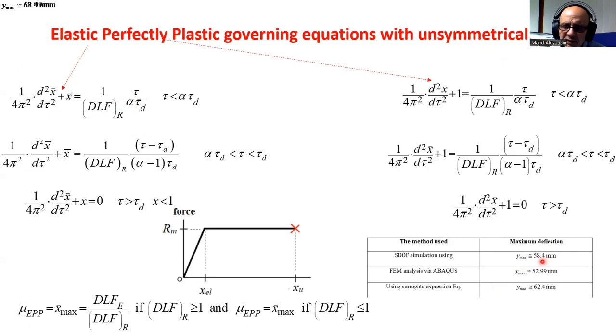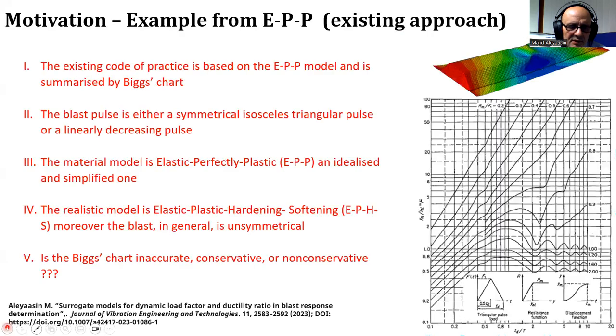And obviously, for example, 52 millimeter from the high fidelity model, 53, 58 millimeter from these equations, and 62 millimeter from surrogate. Surrogate is published in this paper, which says that if I don't want to do this high fidelity model, which takes 35 minutes, or this, which is graphical, we cannot use it automatically for design purposes or do trial and error on it.